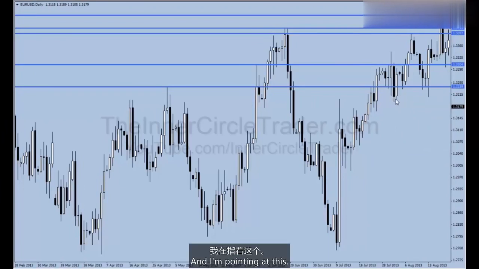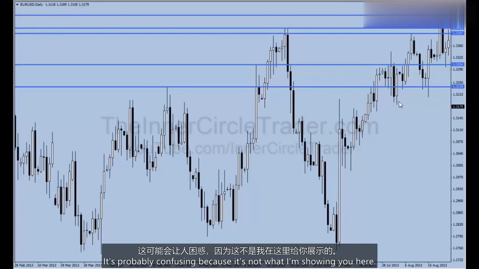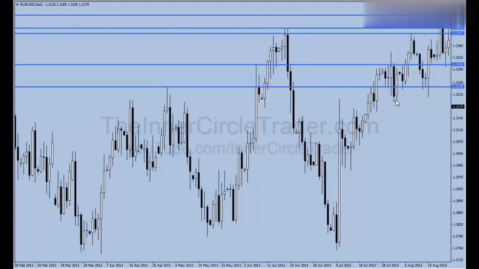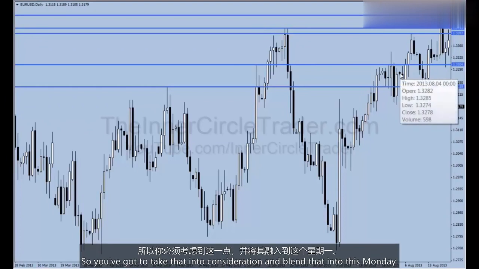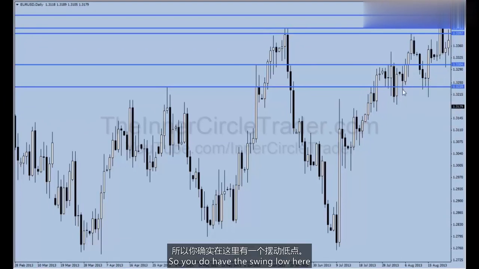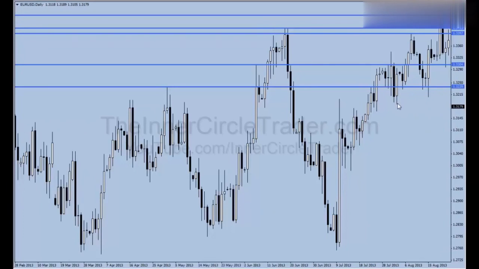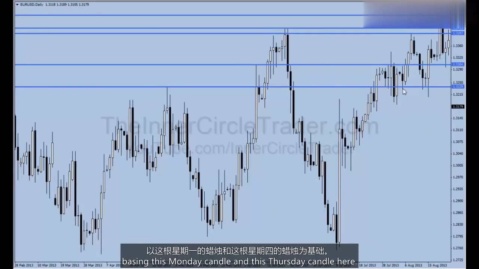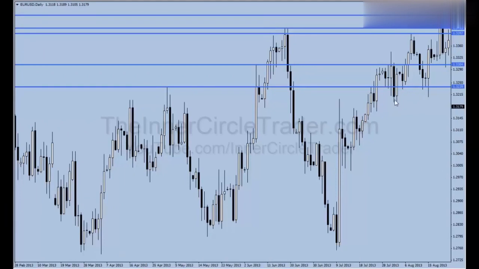Okay, and I'm pointing at this, it's probably confusing because it's not what I'm showing you here, but this is a Sunday candle, so you got to take that in consideration and blend that into this Monday. So you do have the swing low here basing this Monday candle and this Thursday candle here, and this is a Friday candle. So you have that swing low.